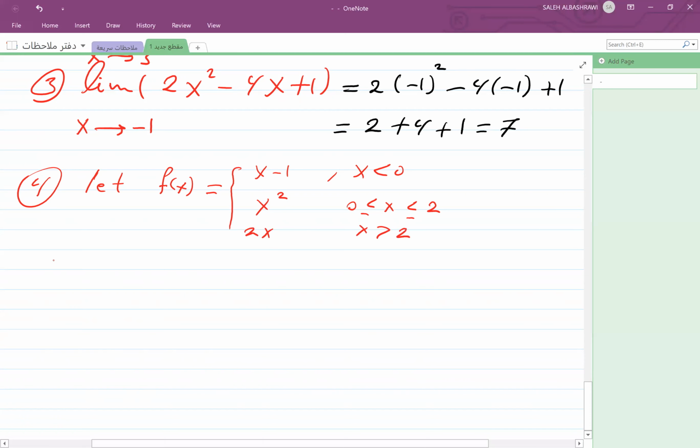And we need to find the limit of f of x where x goes to 0.